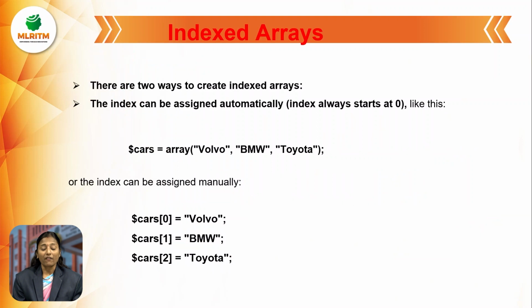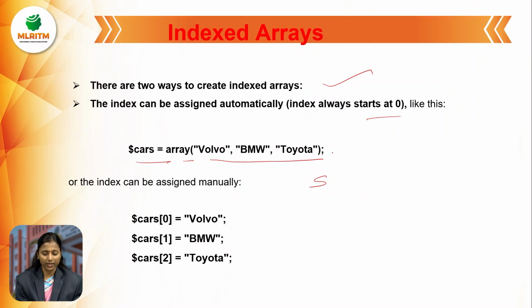Then next, first we will see about the indexed arrays. There are 2 ways to create an indexed array. Index arrays can be assigned automatically. Okay, that starts at 0. Means here, for example, $cars = array, the car names we have written.